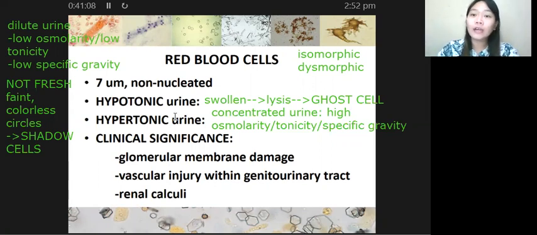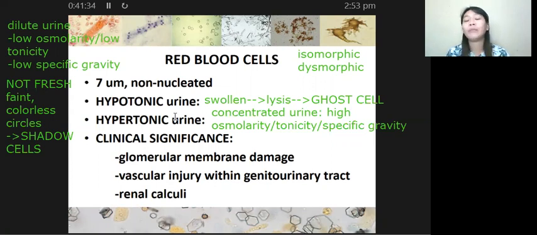Pag hypotonic urine naman, since they are swollen, they appear as larger or bigger than normal. Okay, so yan. So those are the different terms that we use in order to refer to your red blood cells in the different urine samples, okay, that we may be able to encounter in the laboratory.